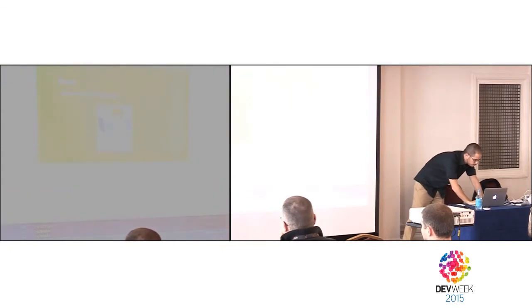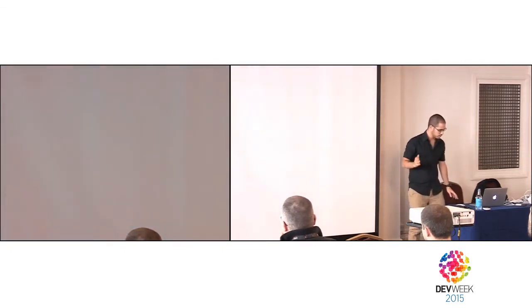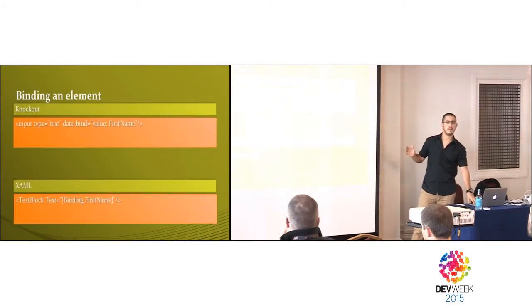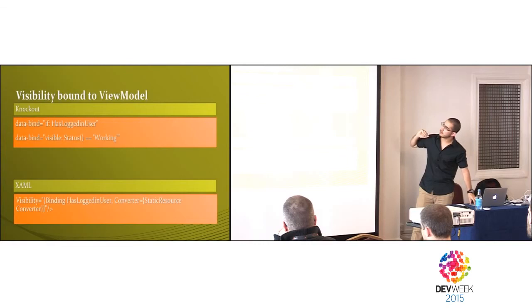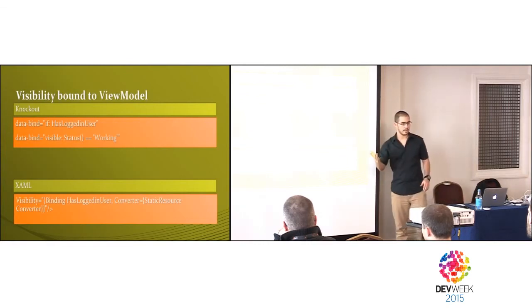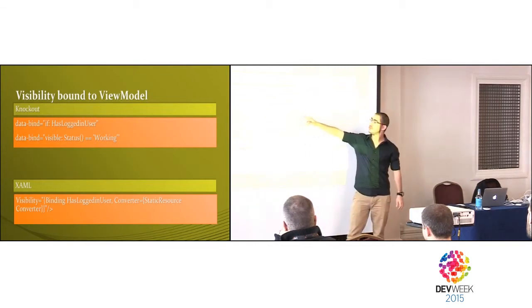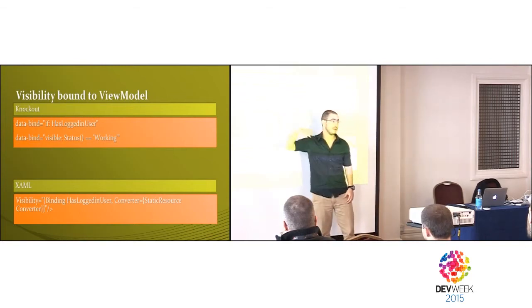I also added here a couple of slides that go over everything we've seen: how to set the data context and how to bind an element, and how to play with the visibility, something that I haven't shown you that's quite nice. You can actually say, you see this kind of thing, you have to set the visibility with some kind of if statement.